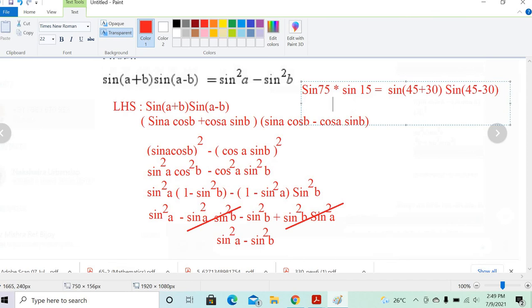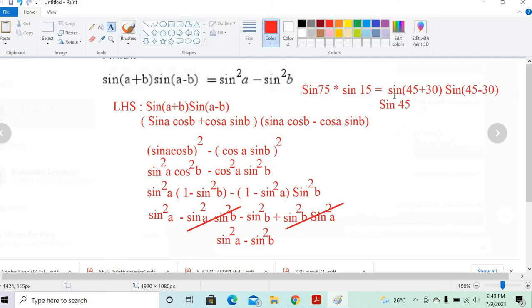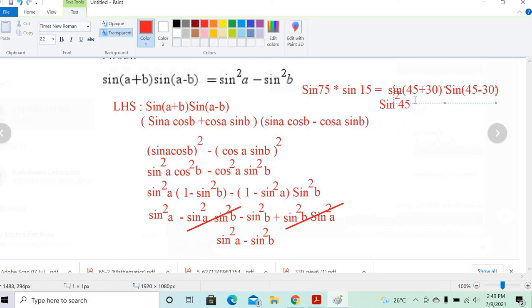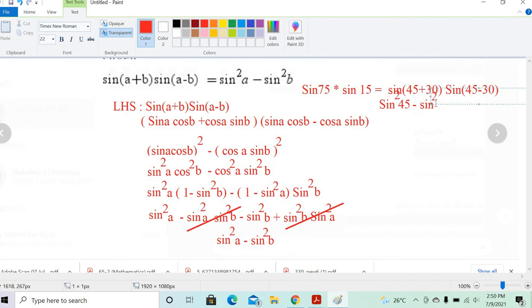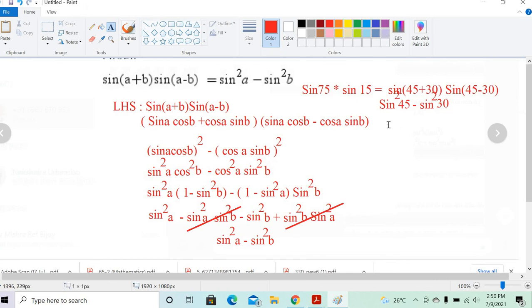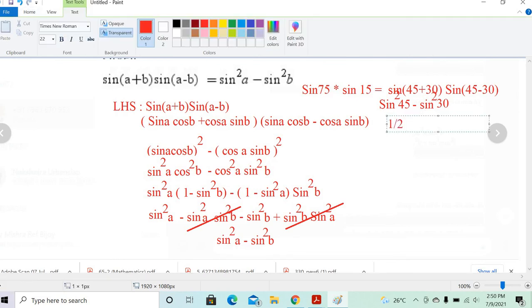Now this can be written directly as sin square 45 minus sin square 30. So this will become equal to 1 by 2 minus 1 by 4, which is nothing but 1 by 4 is the answer.